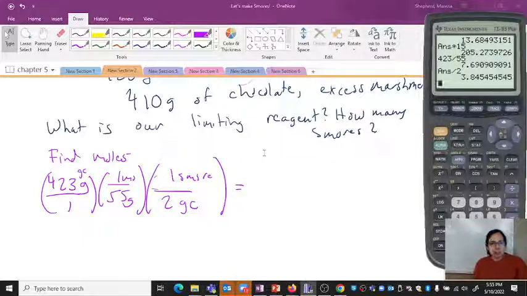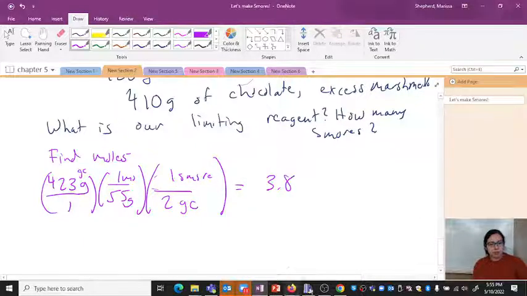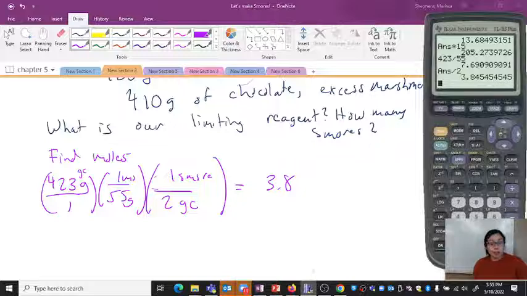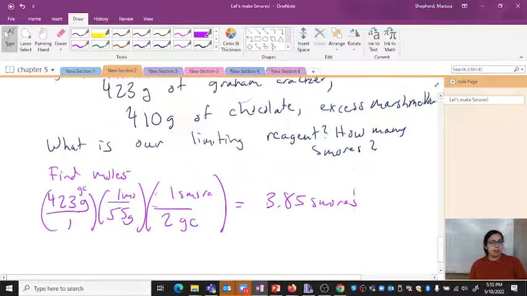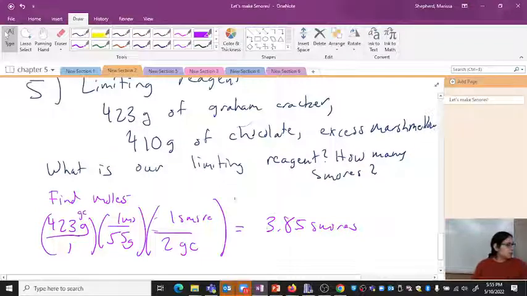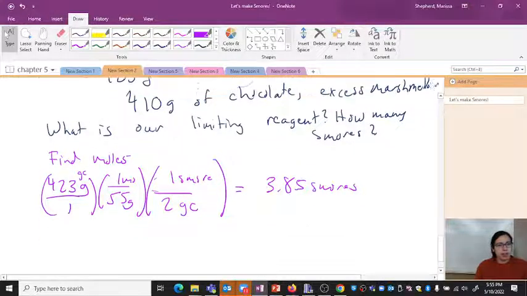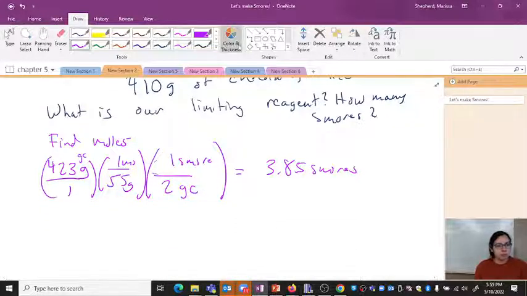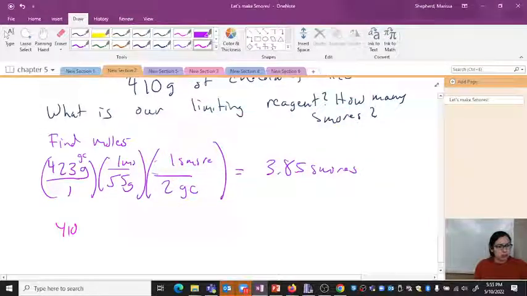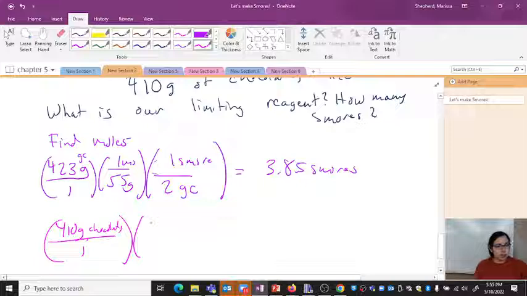I get that we can make 3.85 s'mores from our 423 grams of graham cracker. And now we could do the same for chocolate. So 410 grams of chocolate. What was our molecular weight of chocolate?